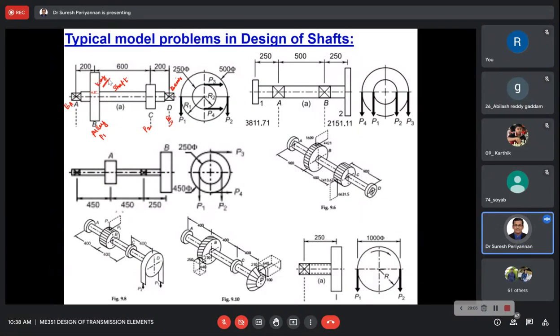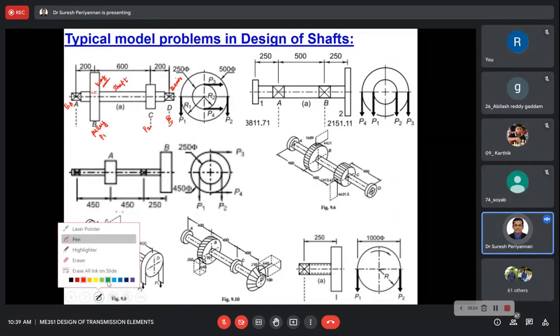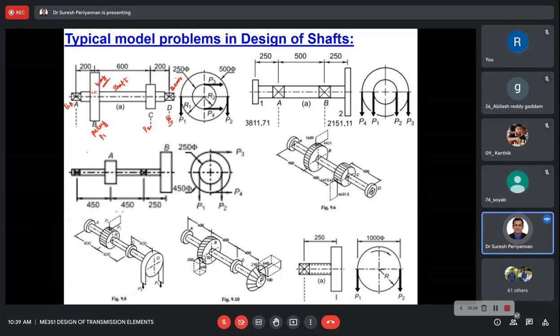The bearings act as end supports, and they also allow free rotation of the shaft, because this shaft may be connected to an electric motor.